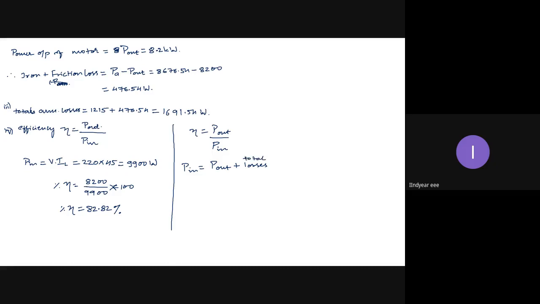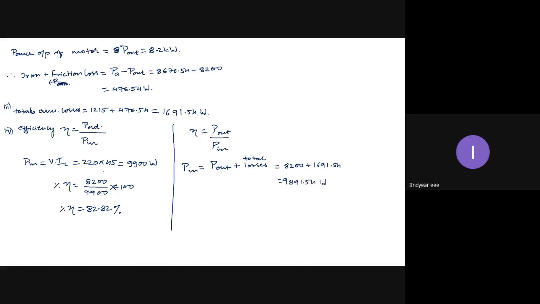So P out is 8,200 plus total losses of 1691.54. This comes out to be 9891.54 watts.